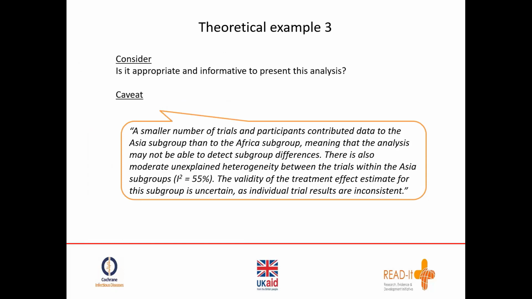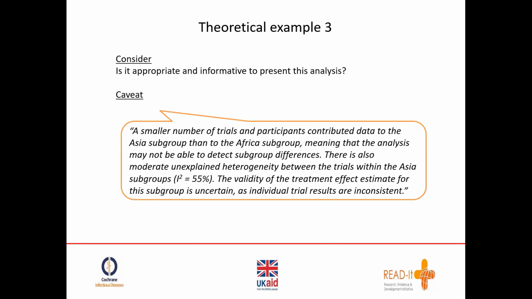So the review authors may decide that residual heterogeneity for that Asia subgroup renders the results to be meaningless, or they may decide that the covariate distribution is concerning. They may also decide that it's not important to present, as the subgroup analysis didn't identify any significant subgroup effects. So all of those are reasons that they might decide not to present the analysis. However, they may also decide to present the analysis to present estimates of treatment effects for those subgroups.